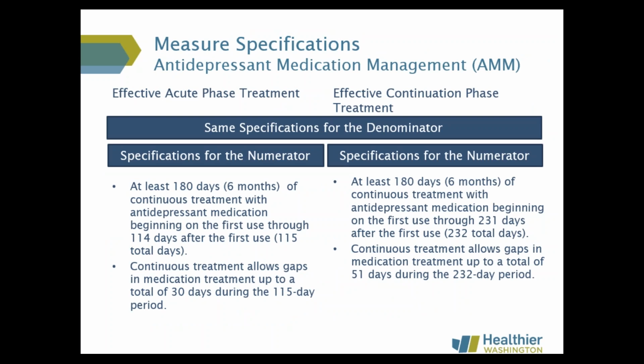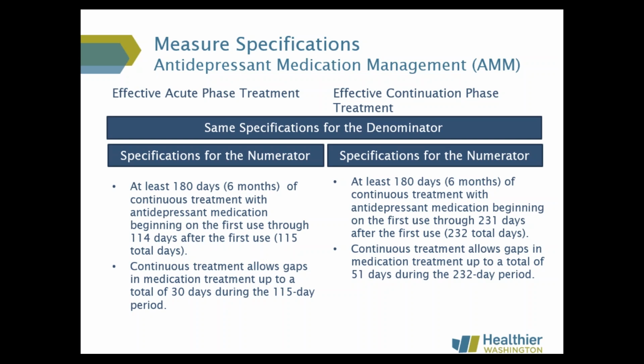This particular measure, antidepressant medication management, which I used as an example of a completely administrative claims-only measure, is another one which lends itself entirely to the claims data. So after applying our global exclusions, we are able to apply the HEDIS specifications as is and use the pharmacy and the medical claims to compute this particular measure, both for the acute phase and the continuation phase.